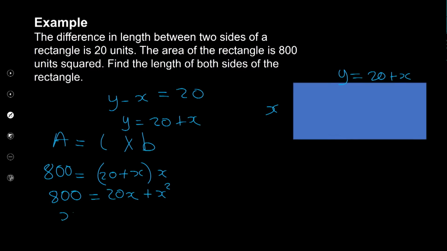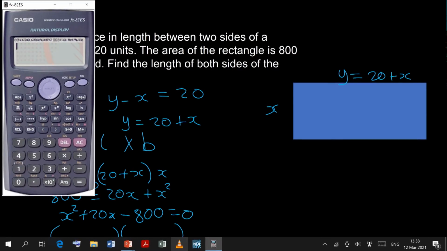And then I will just write it here, x squared plus 20x minus 800 is equal to 0, taking the 800 to that side. You must solve for x there in order to know what this is. So I'm going to open 2 brackets there. For time's sake, I'm just going to use the calculator here.